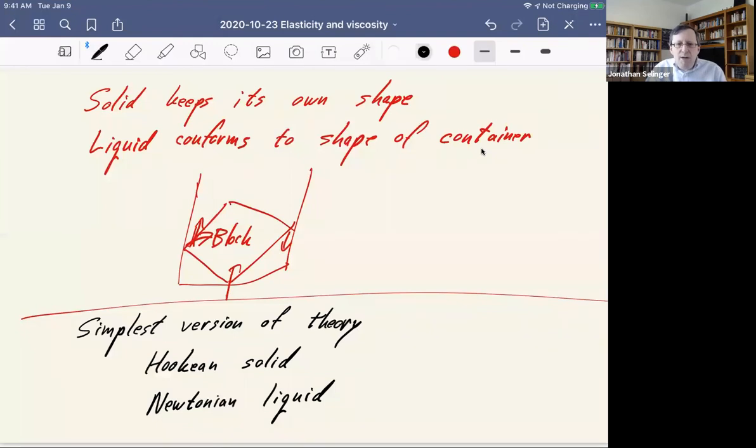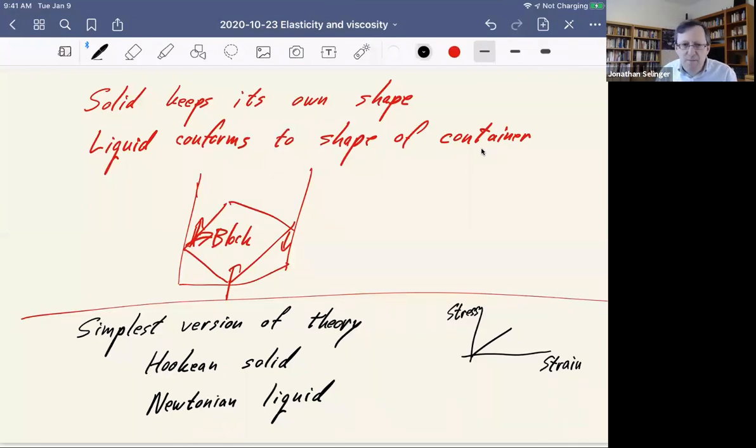And so people make plots of stress versus strain. And for a simple Hookean solid, that should just be something linear. But for real materials, it might be more complicated. Maybe it's a curve of some sort, and people study that. That's an important mechanical engineering problem.